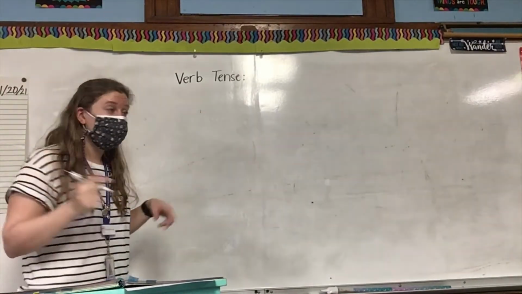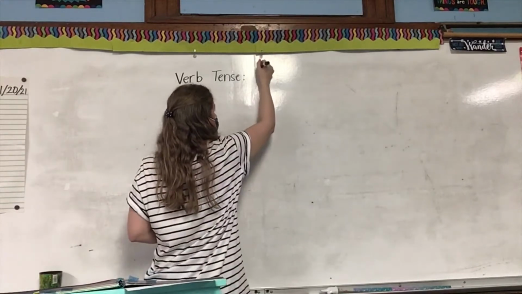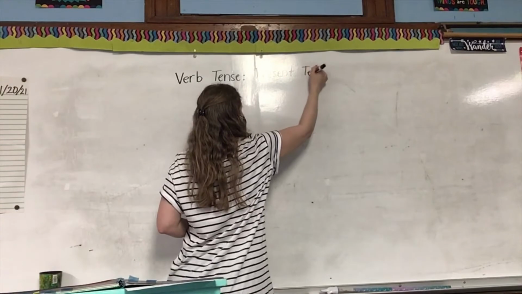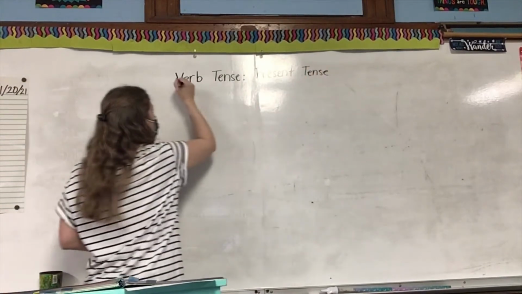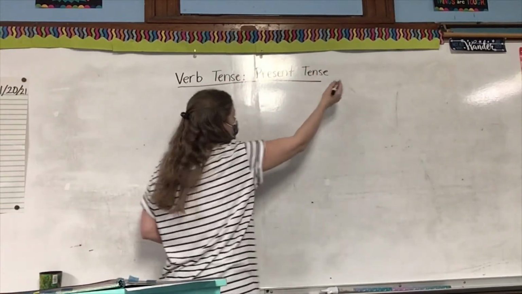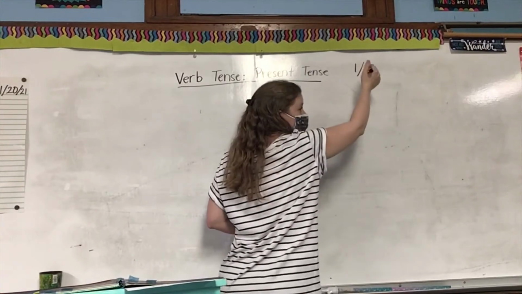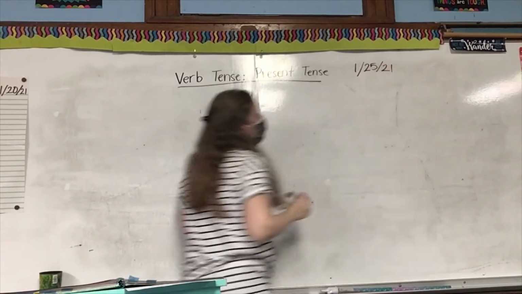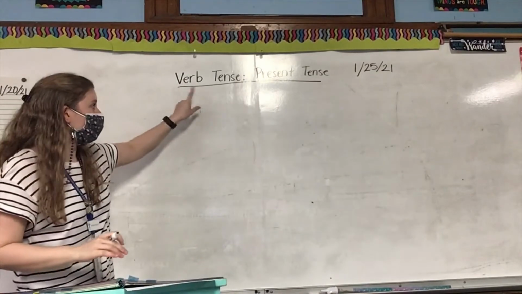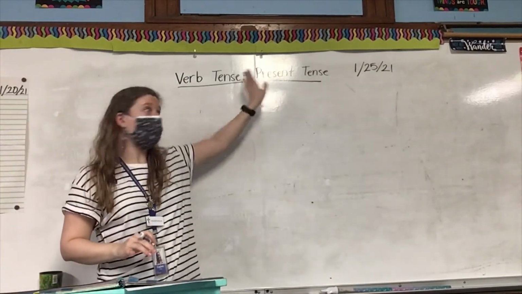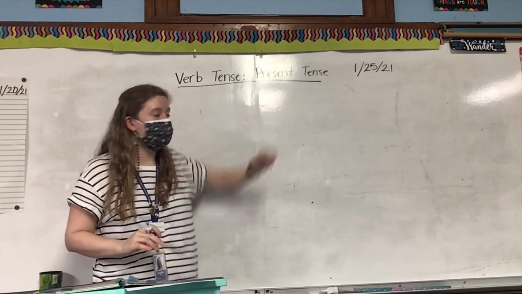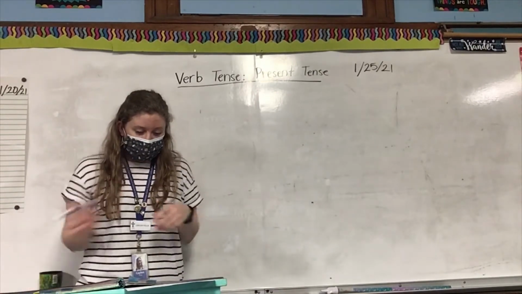Specifically today, we're going to be talking about present tense. Wednesday, we'll talk about past and future tense. So you should have the title of today's notes, Verb Tense, colon, those are the 2 dots, Present Tense. And then today's date, January 25th.